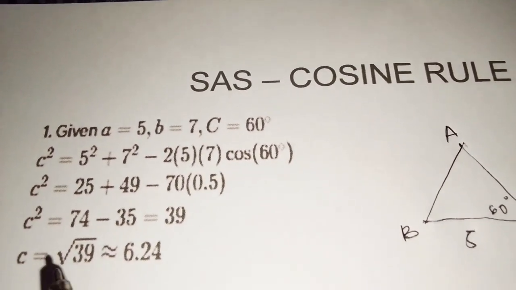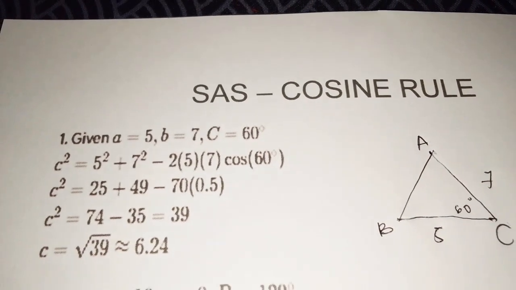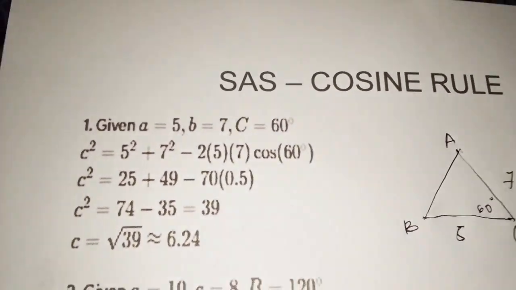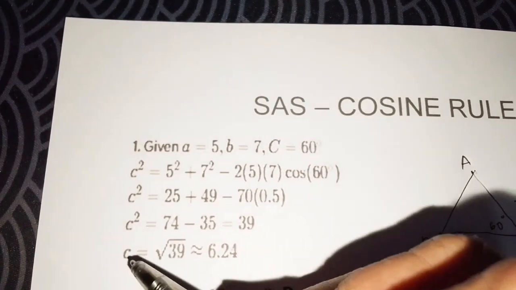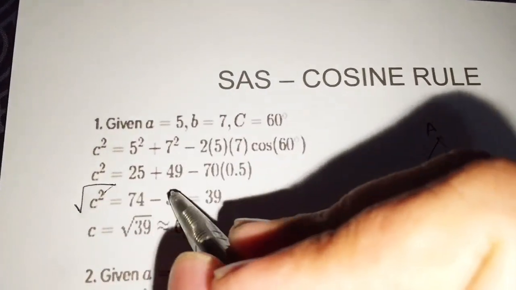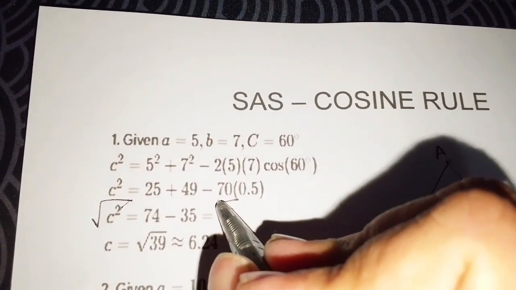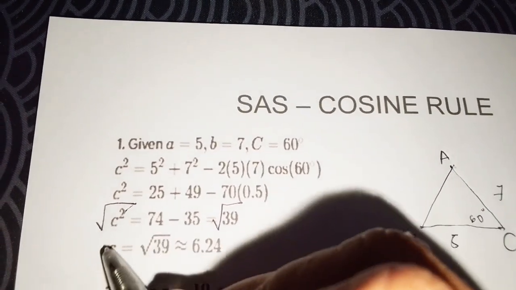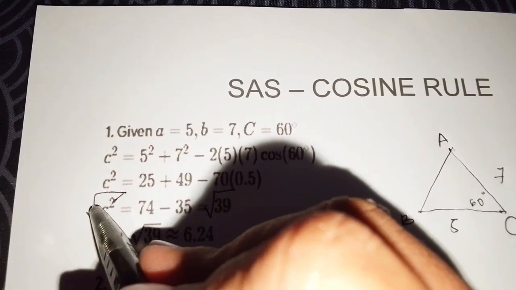Now since we wanted to have the value of C, this must have the radical symbol, and this one we cross out.